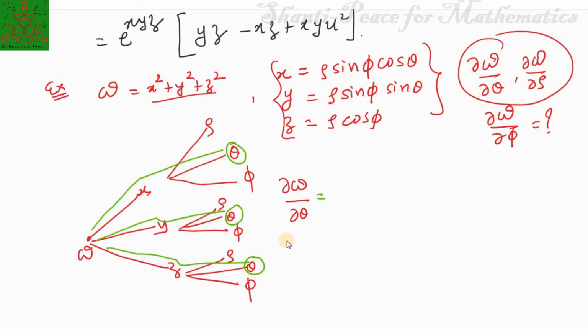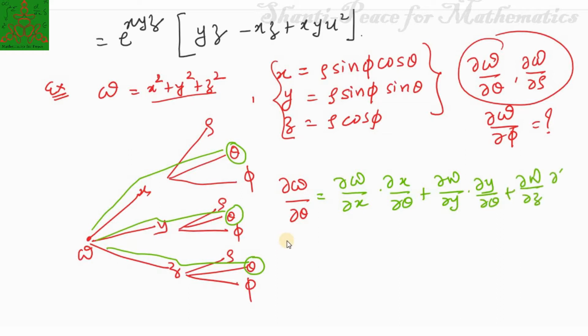So first, that path gives del w upon del x into del x upon del theta, plus del w upon del y into del y upon del theta, plus del w upon del z into del z upon del theta.